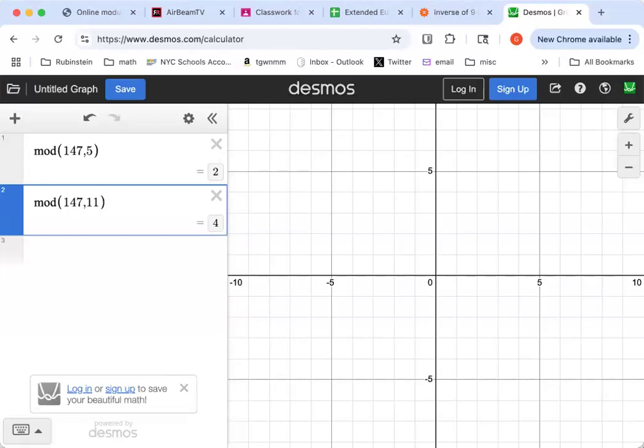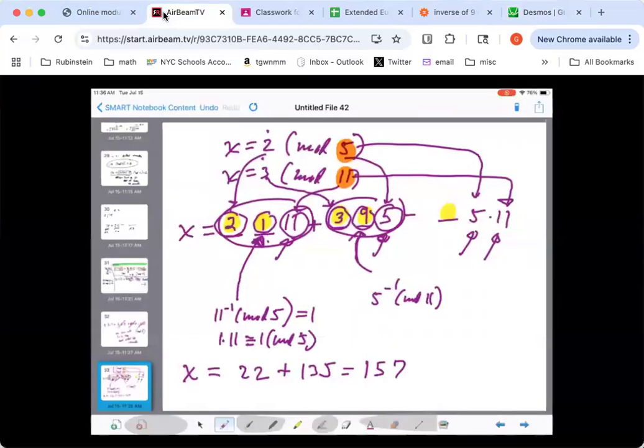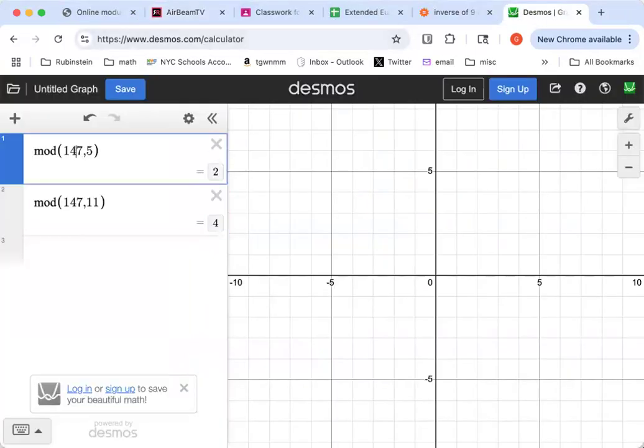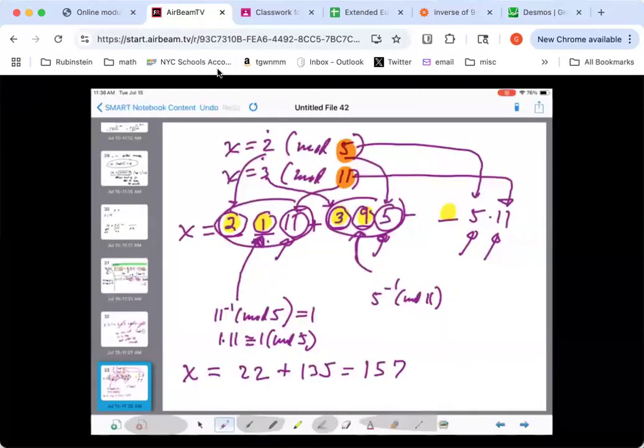Try that again. It was supposed to be 157. It's 22 plus 135 is 157. Sorry about that. So let me try that again. 157 mod 5 was 2, and 157 mod 11 was 3. So that does get me an answer. But it's not the smallest possible answer.